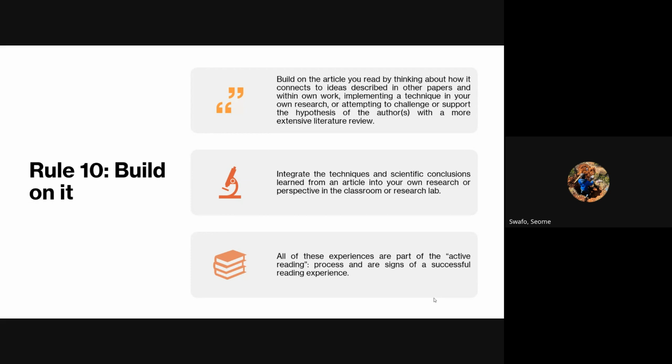Maybe you want to support their hypothesis, but also in supporting their hypothesis, you need to check whether the methods or materials they presented in their own work, do you have a similar setup?